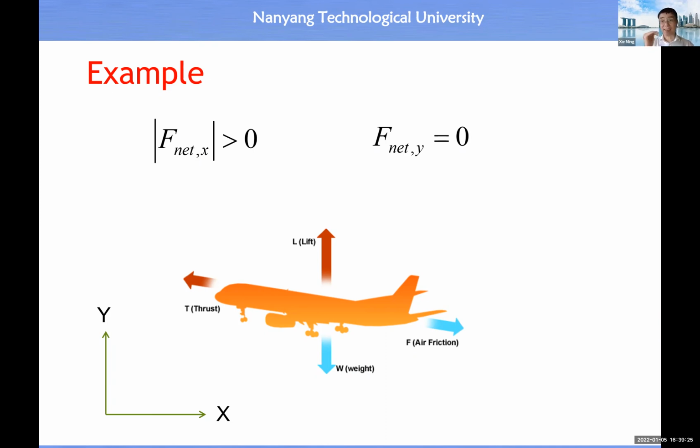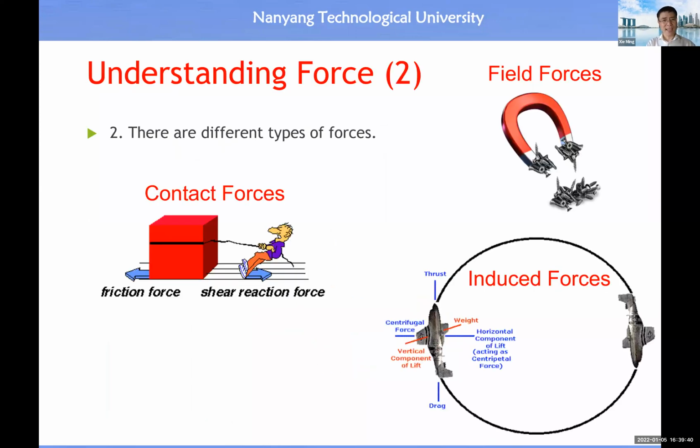Therefore, we make the net force in the horizontal direction not equal to zero. So by controlling force components, we should be able to control the state of the motion of a rigid body.